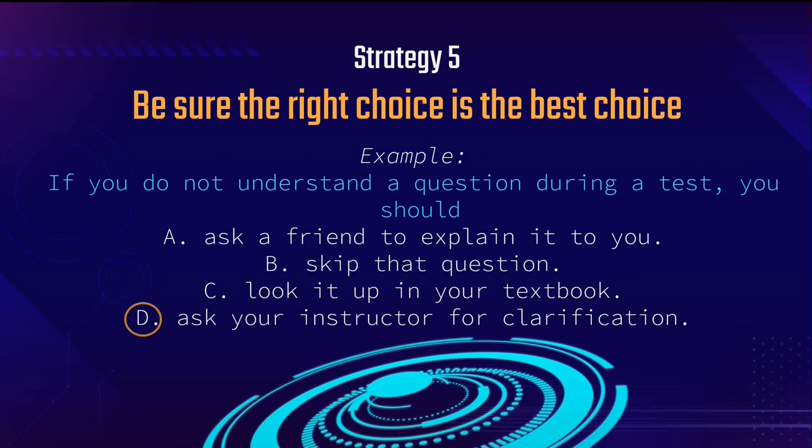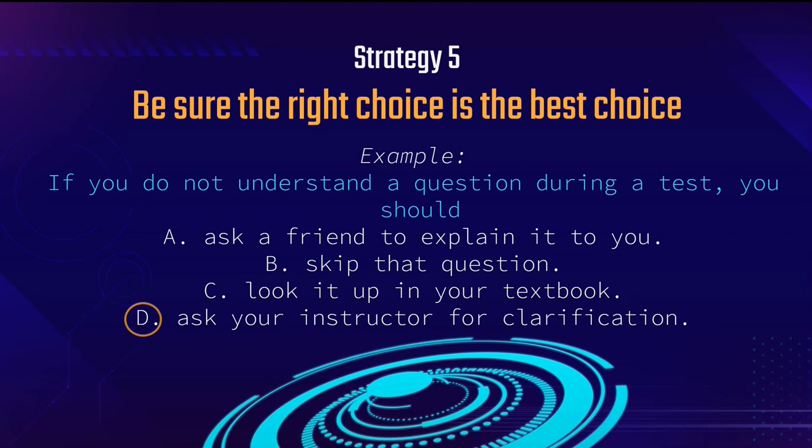Strategy 5. Be sure the right choice is the best choice. For example, if you do not understand a question during a test, you should: A. Ask a friend to explain it to you. B. Skip that question. C. Look it up in your textbook.